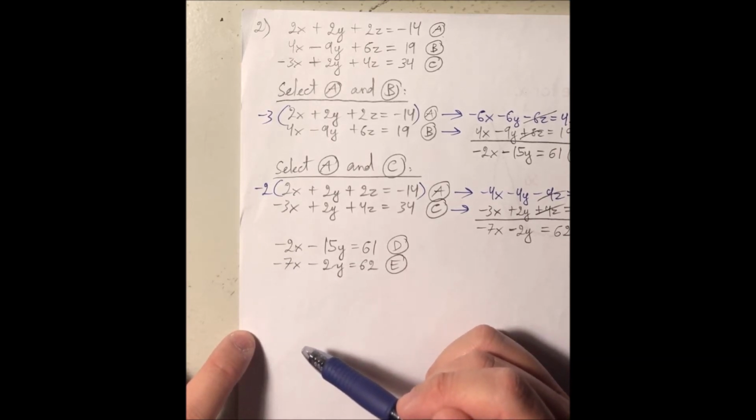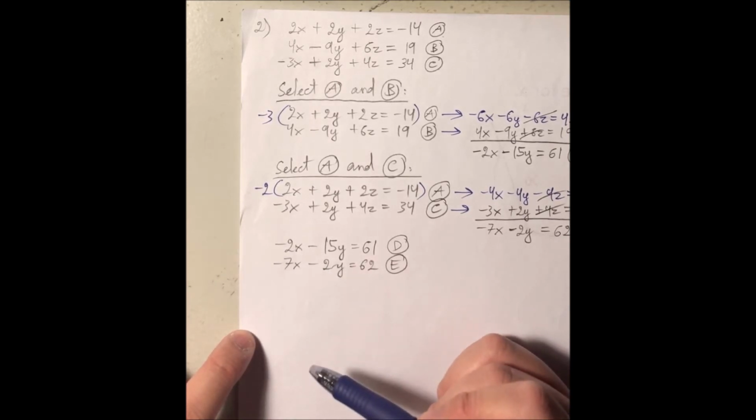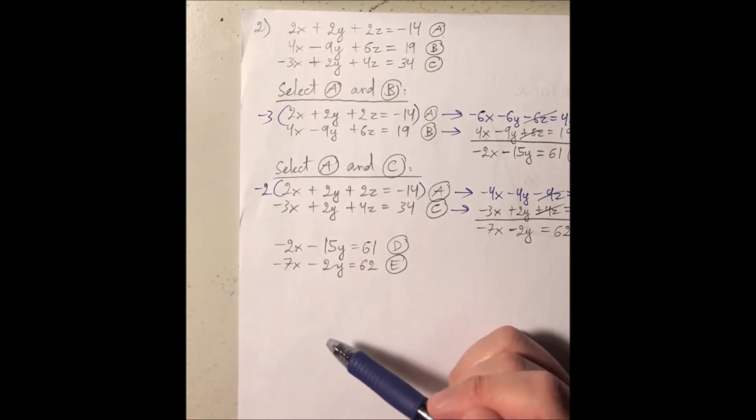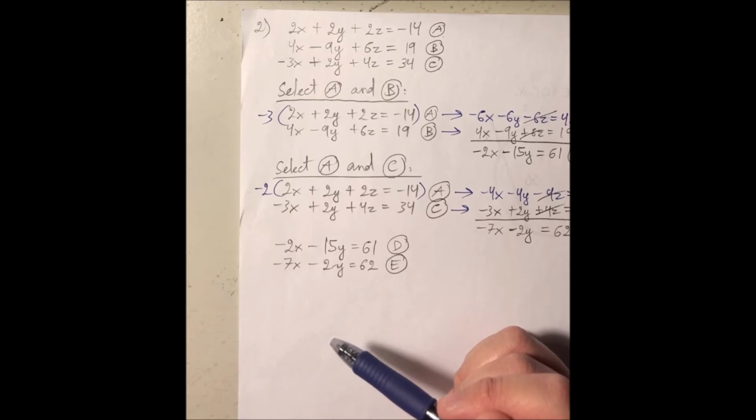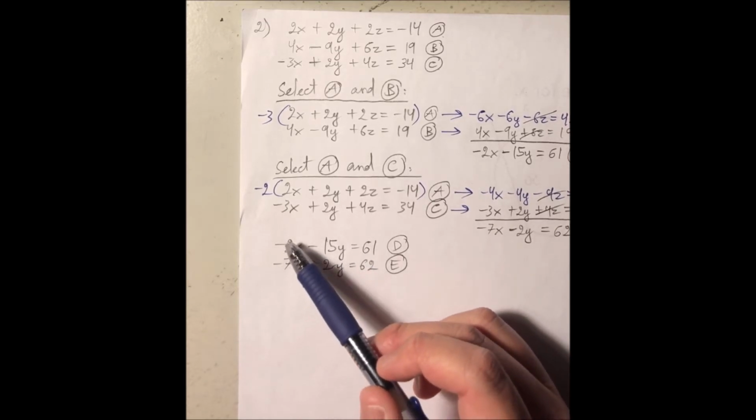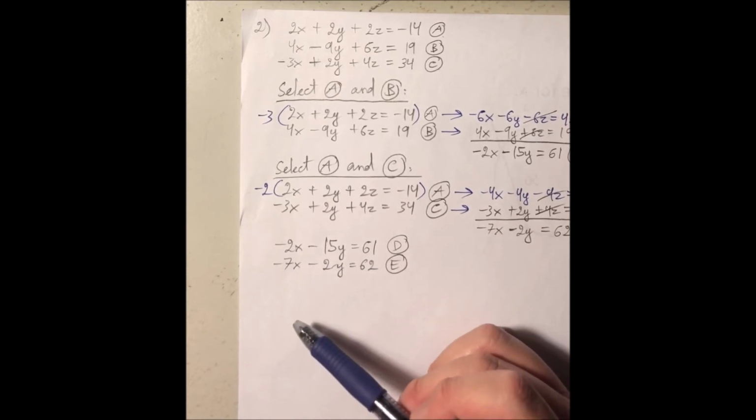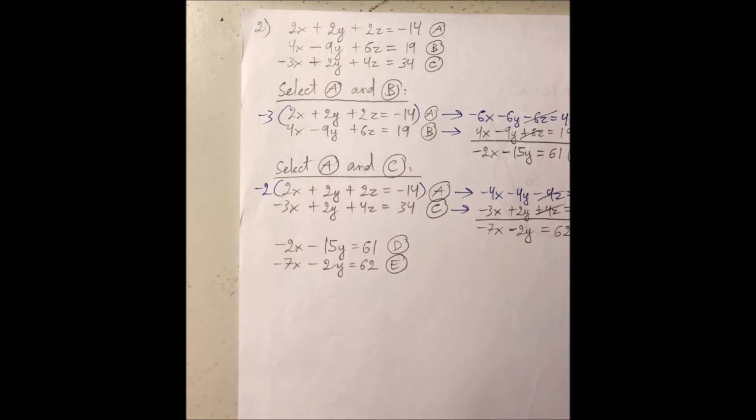So I have to find the least common multiple of -2 and -7. That is going to be either -14 or +14. If I can convert one of these two x terms into -14 and the other into +14, then when I add these two equations, D and E, vertically, I will be able to cancel out the x variable.